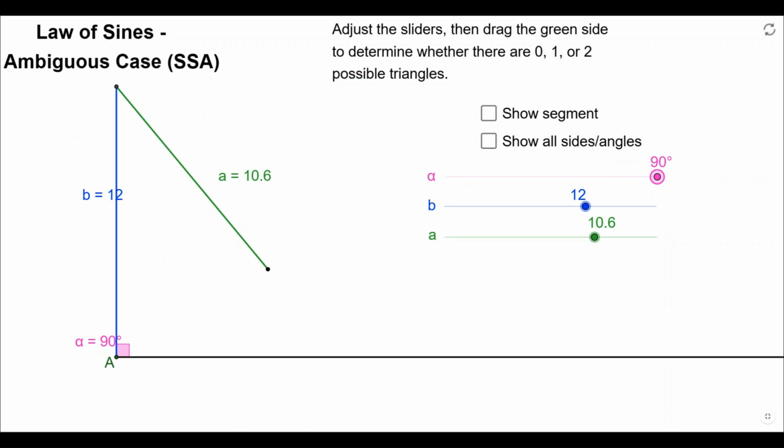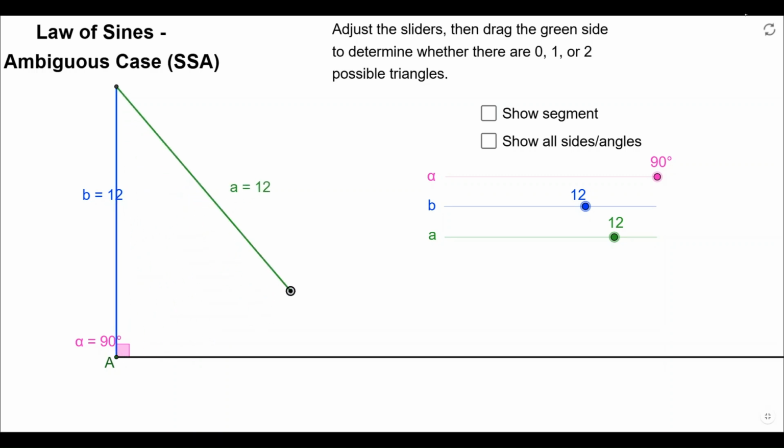Okay, so if side A is shorter than side B, if side A is just a little bit shorter, as we swing it around, again, notice there's no triangle, right? I can't get it to touch the bottom side. So it actually won't work even if it's equal to the length. If side A and side B are equal to each other, it doesn't really create a triangle. It just touches at the bottom corner.